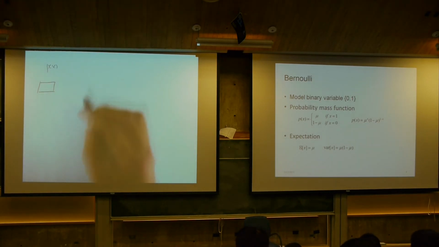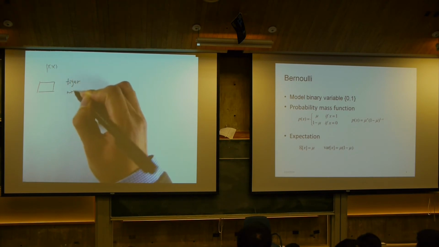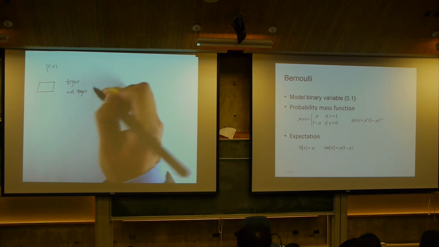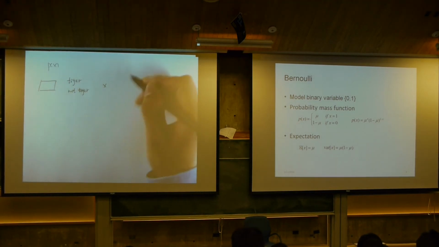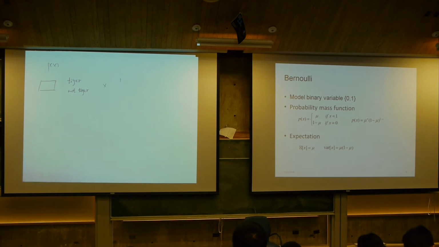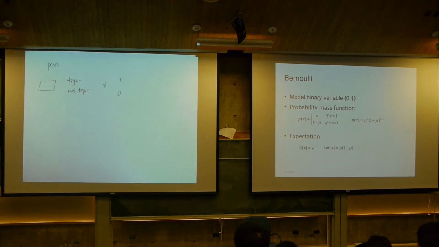We want to classify it as whether it is tiger or not. So in this case, we are going to use Bernoulli distribution to model this variable. If x equals 1, it means that this picture is a tiger. Otherwise, we use 0 to denote that this picture is not.